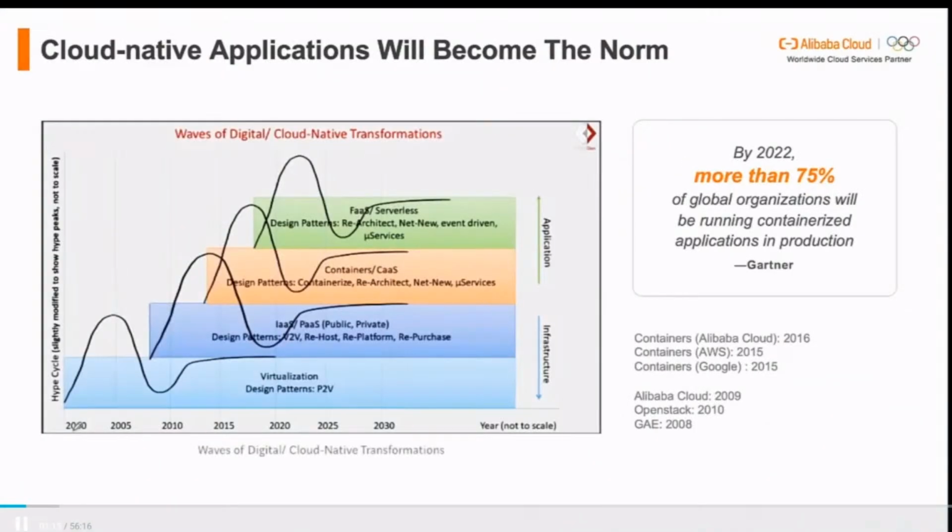This slide shows, by 2022, more than 75% of global organizations will be running containerized applications in production. That is why we are seeing that in the future, cloud-native application will become the new normal. But this kind of industry trend wasn't happening in one day.